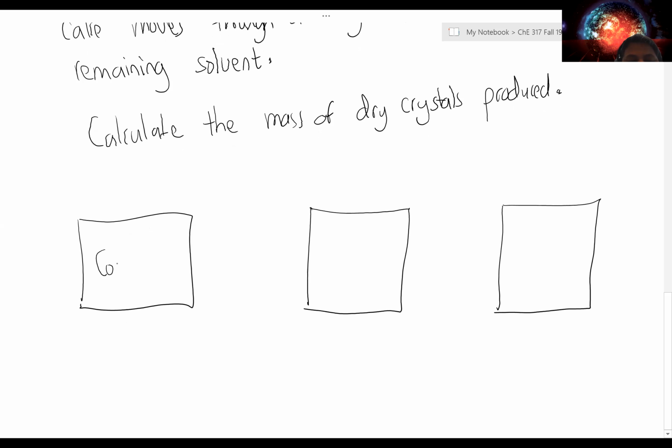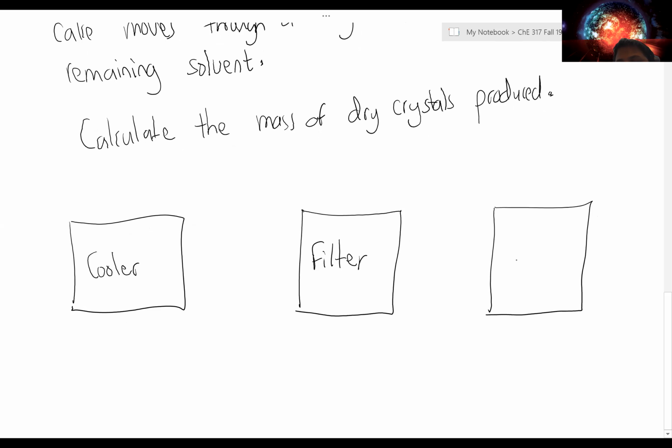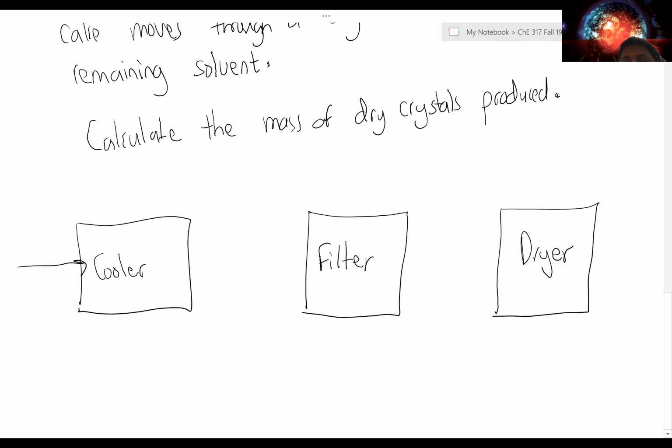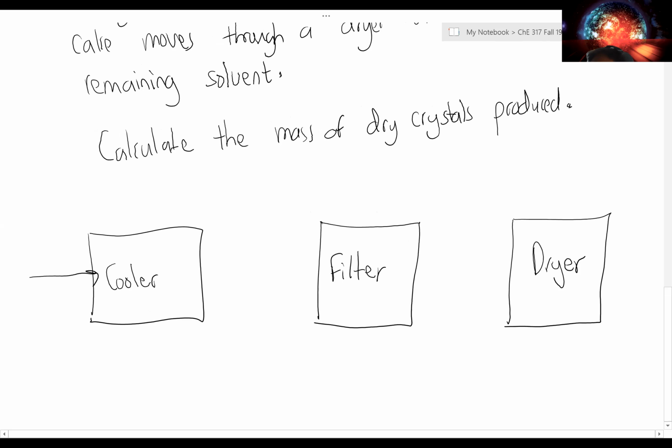So we have a cooler or heat exchanger, a filter, and then we have our dryer. From the problem, we know we have 150 kilograms of saturated solution, and it's at 100 degrees C.